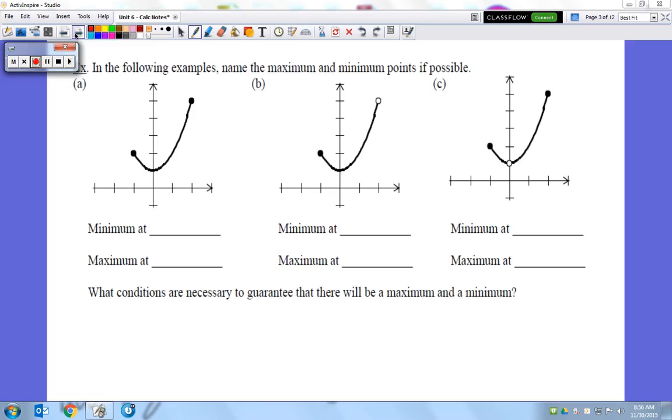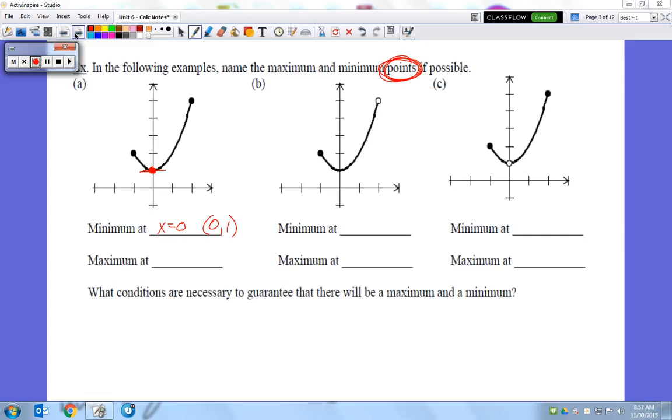So in the following examples, name the maximum and minimum points. So now we're going for the points, if possible. So minimum at where? Well, if I'm looking at this, this right here is the minimum. And if I'm saying where is the minimum at, we're going to say at x is equal to 0. Now, because it's saying points, we're also going to say this point is (0, 1), because that's that y value right there.